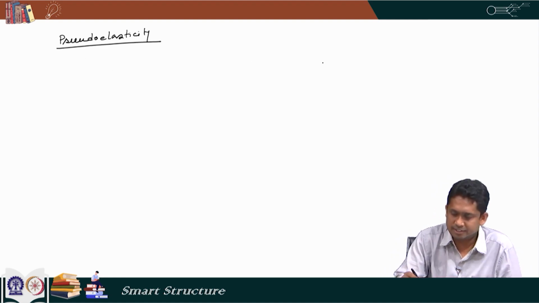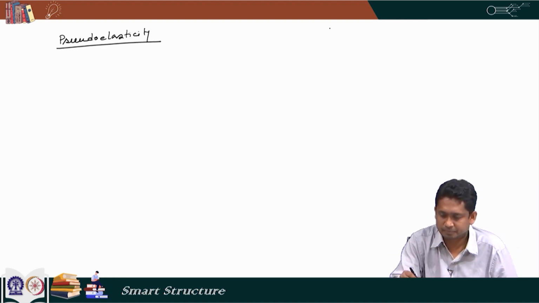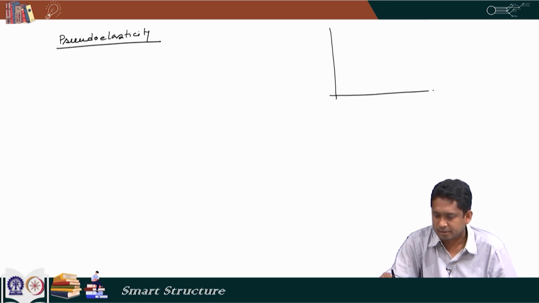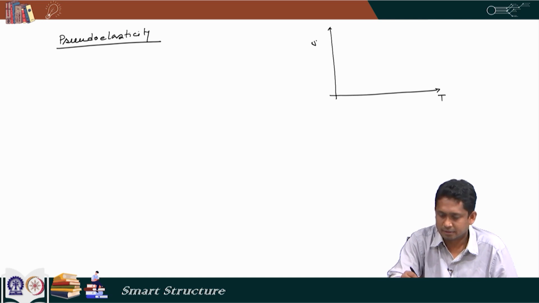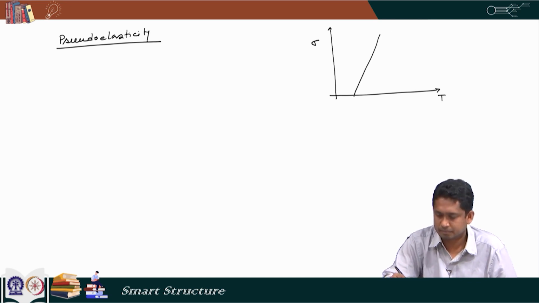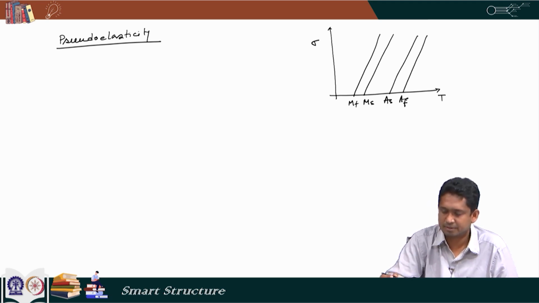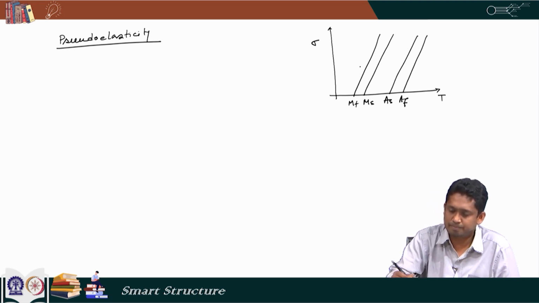Now, to understand pseudo elasticity, again we have this diagram, and we have MF, MS, AS, AF. Now, here instead of having a low temperature stress strain behavior, we will look at high temperature stress strain behavior.